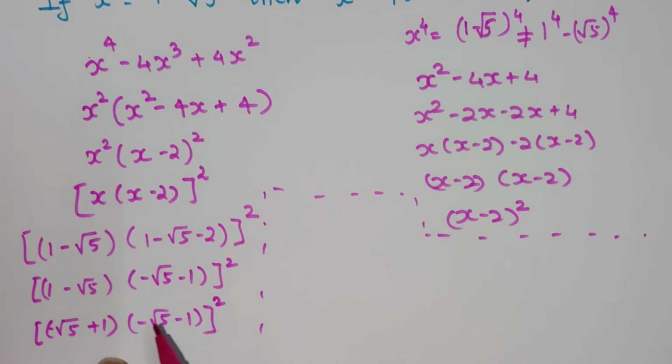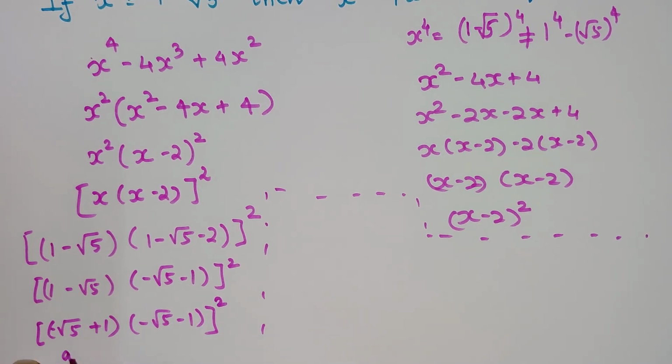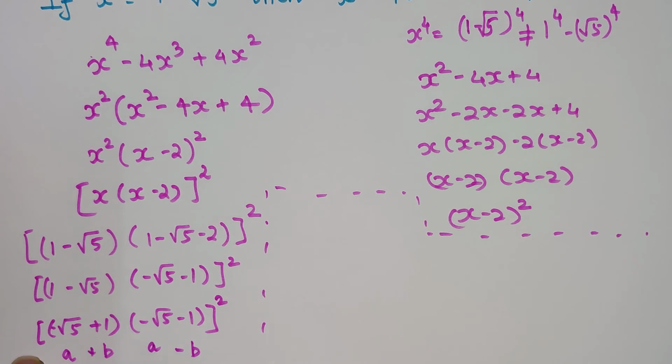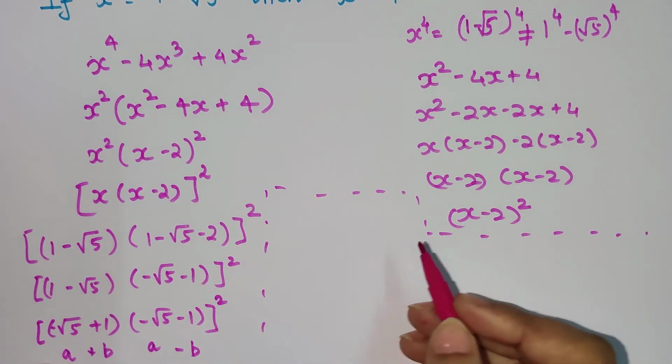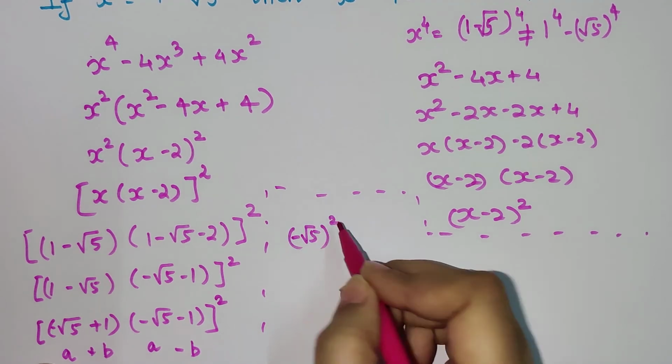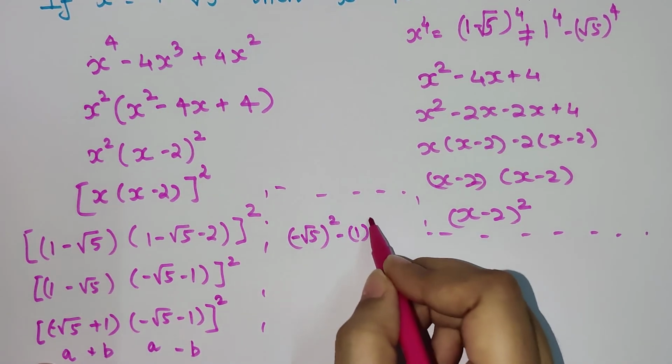So now I can say that minus root of 5 can be written as A, and plus 1 can be written as B. Similarly, minus root of 5 can be written as A, and minus 1 can be written as B. So we have A plus B into A minus B, which leads to A square, that is nothing but minus root of 5 the whole square, minus 1 square.